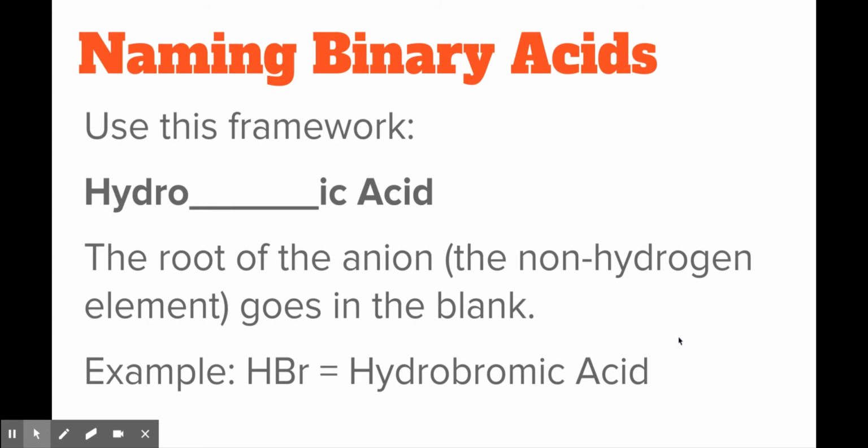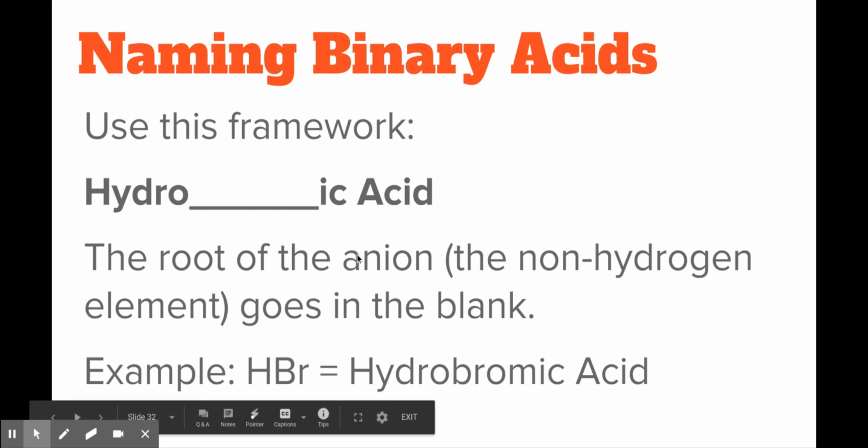If you're dealing with a binary acid, you're going to use the framework shown here, hydro-blank-ic acid. And what goes in the blank is the root of the anion, the thing that's not hydrogen. So in the case of hydrogen and bromine combining together, that's hydrobromic acid. He took the root of bromine and put it into that blank, and it made hydrobromic acid.